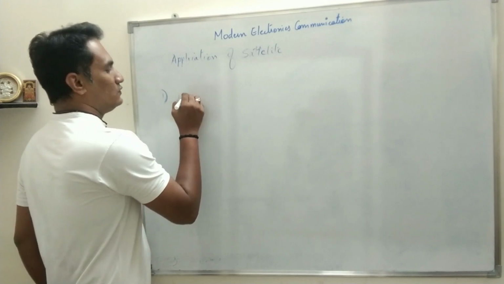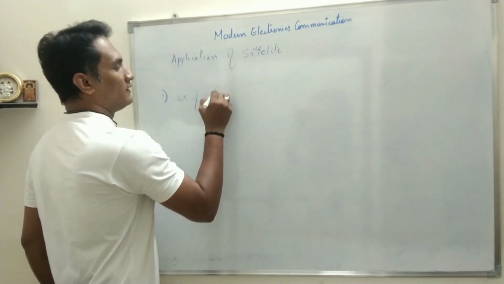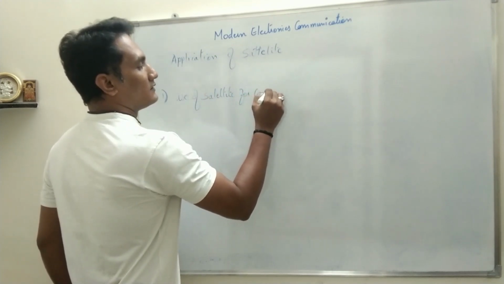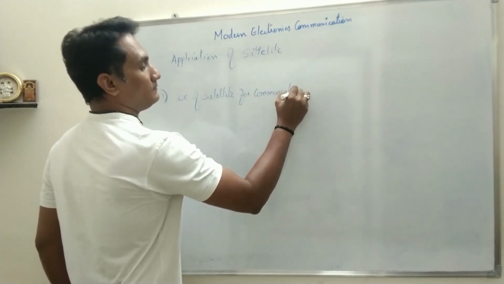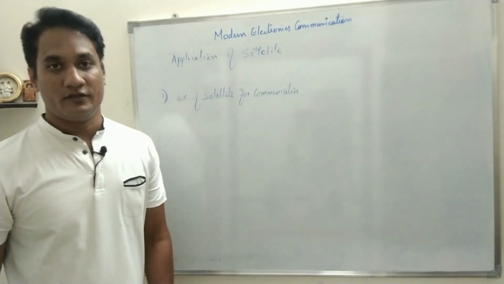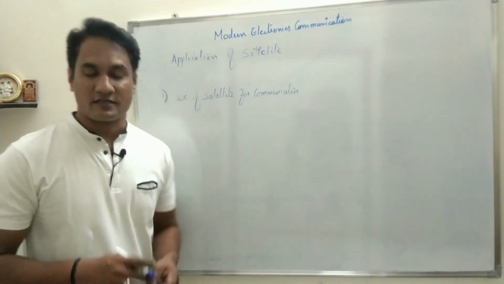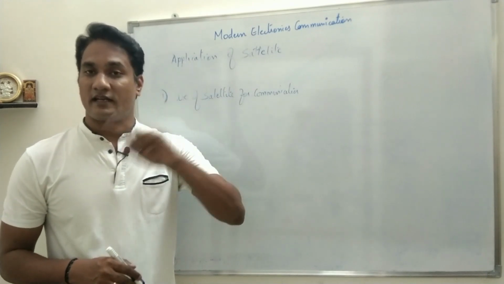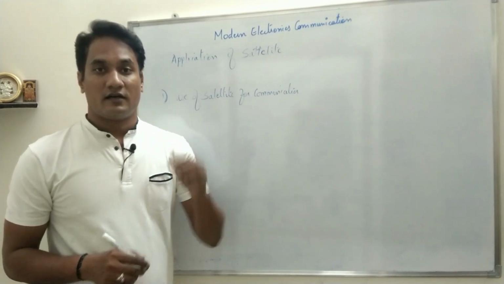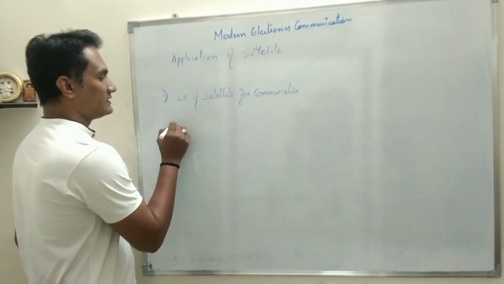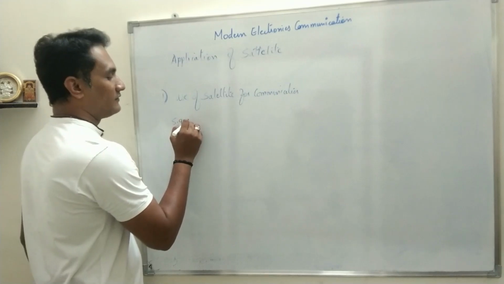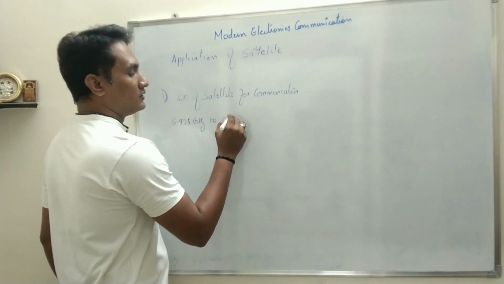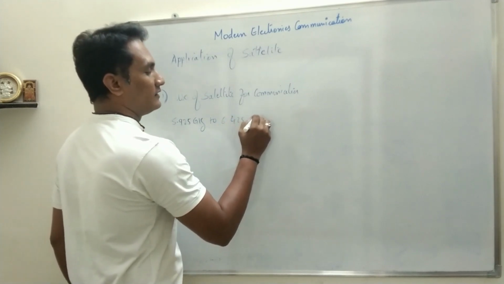Use of satellite for communication. As I told you, the signal will be transmitted from Earth station to satellite and back from satellite to Earth station. The uplink frequency is around 5.925 gigahertz to 6.425 gigahertz.